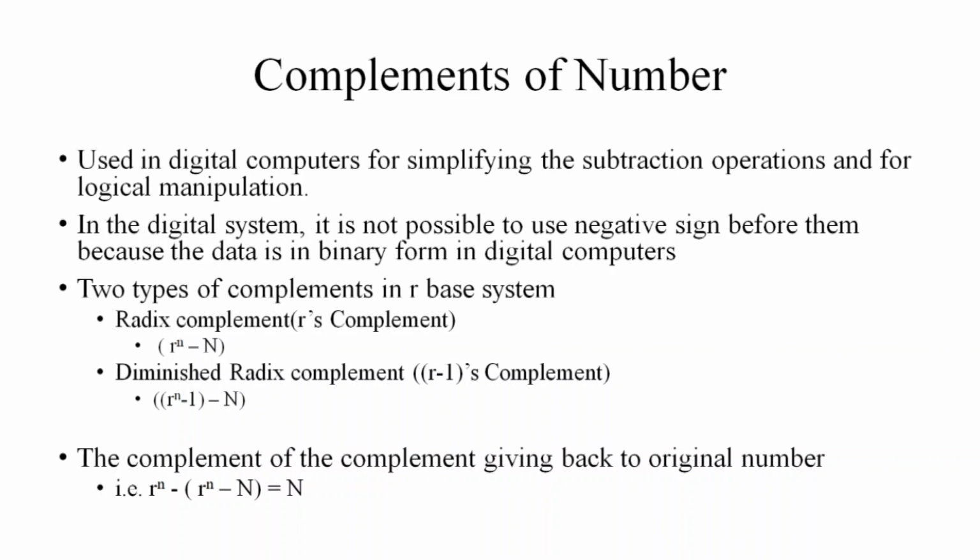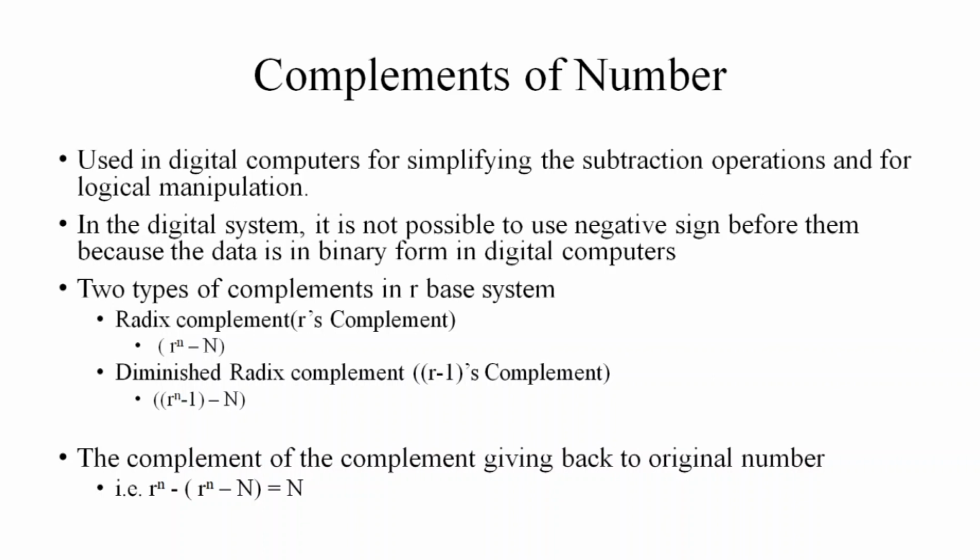Similarly, in the binary number system, in which the base is 2, we have the 2's complement and the 1's complement. The radix complement is the 2's complement in that case, and the diminished radix complement is the 1's complement. Here, what is the formula? The R's complement, or radix complement, is R to the power n minus N. What is R, what is small n, and what is capital N?